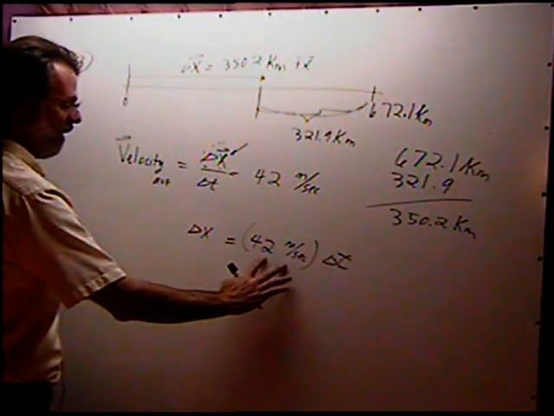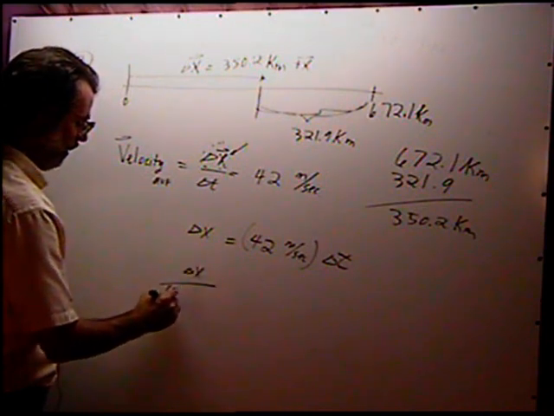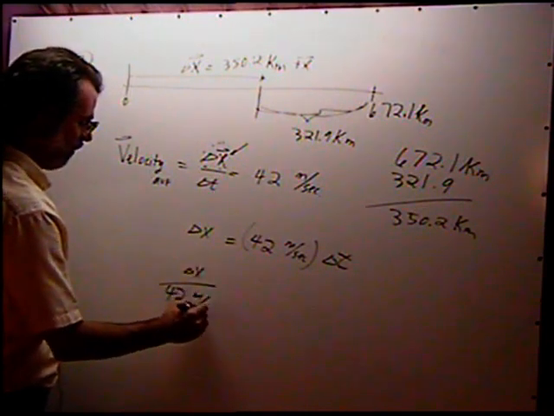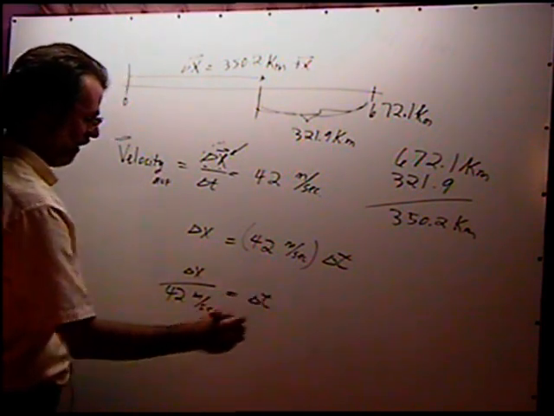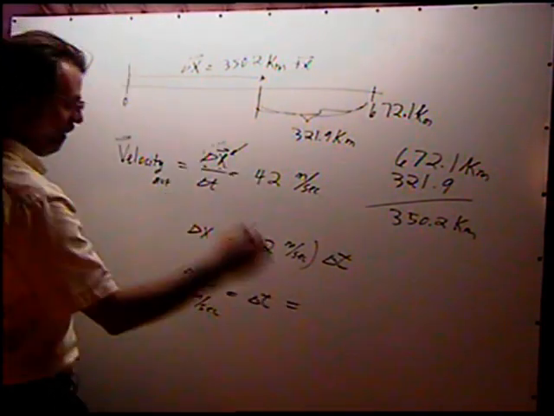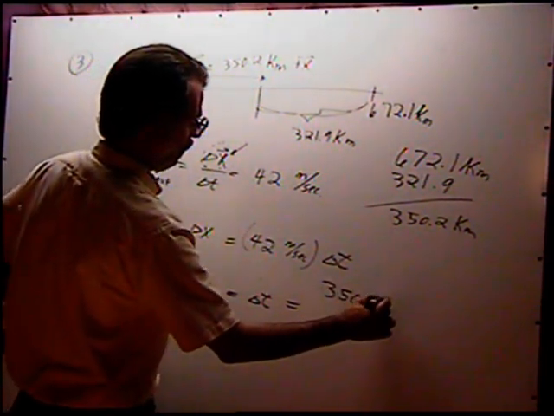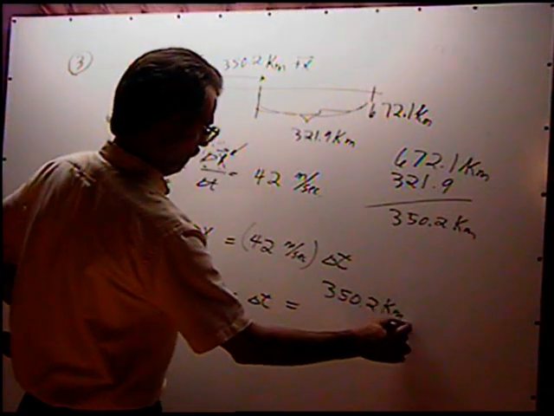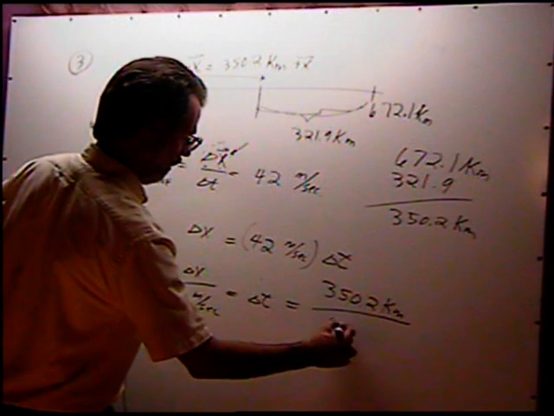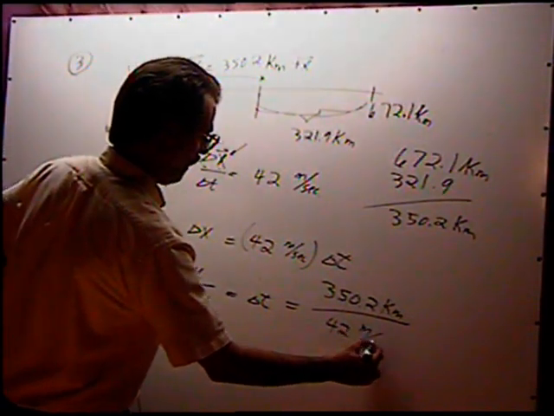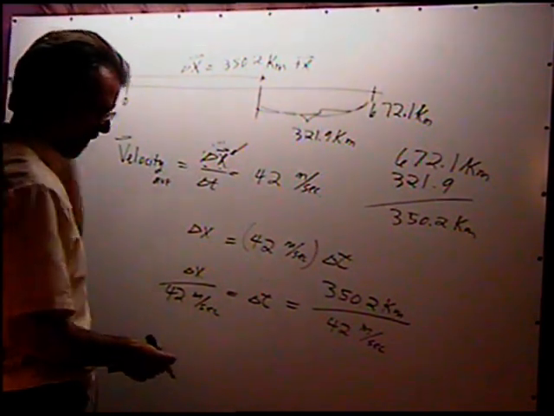We divide by this quantity, we get delta x over 42 meters per second equals delta t. So delta t is equal to 350.2 kilometers over 42 meters per second. Now notice, we do have a units problem here.